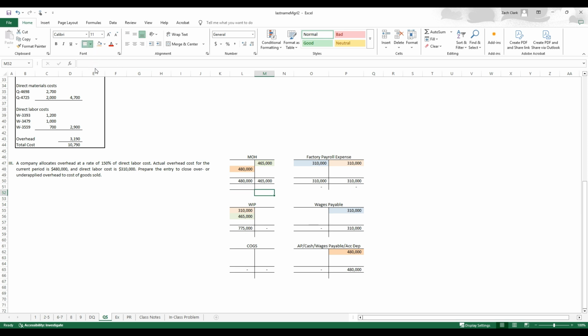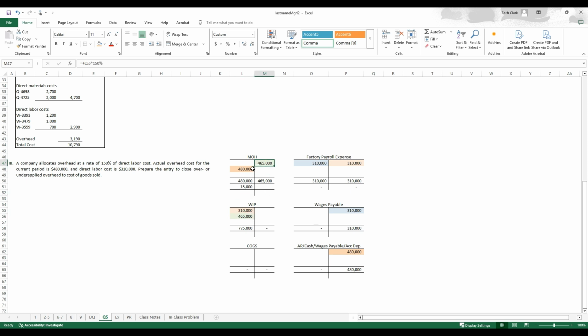I want to show you just real specifically for overhead here, because this is our totals now, right? And what we can see is, remember, you take whichever side is larger minus the smaller. So 480 is larger than 465. And so we have a debit balance in manufacturing overhead, which basically means that when we're charging the customer, we were basing it on 150%, that $465,000.